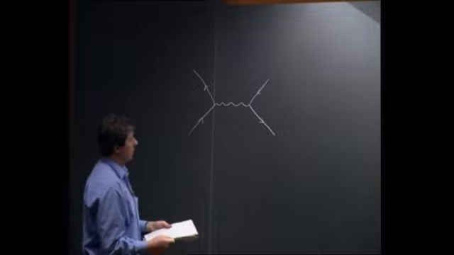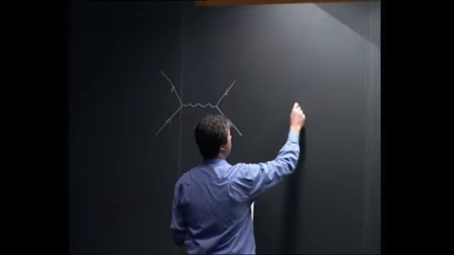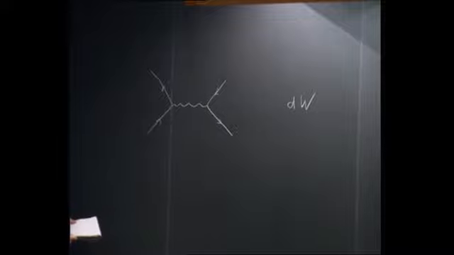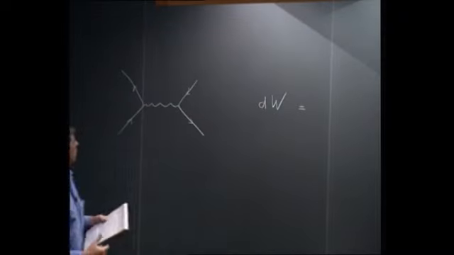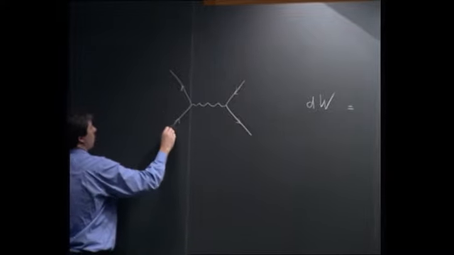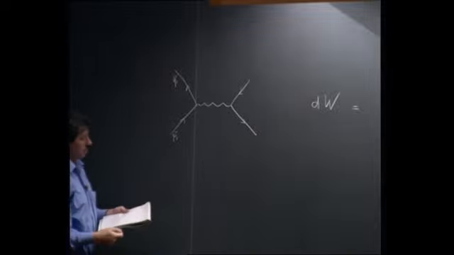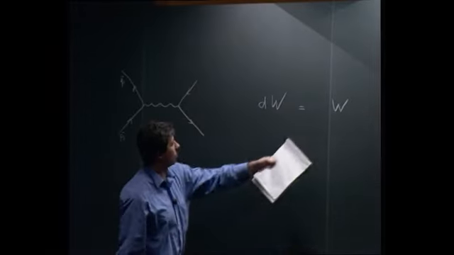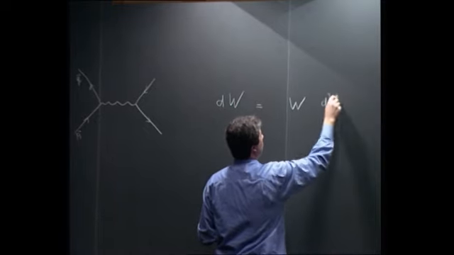The expression which I had, I'll write it down in a slightly different notation which is a little more precise. I introduced this quantity dW, which I called the transition probability. It includes also integrations of the initial momenta. So if I have momentum P1 and P2 for the incoming two particles, then this W times the integral measure of these momenta.